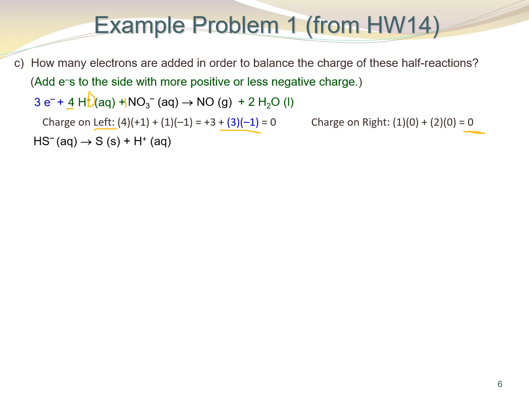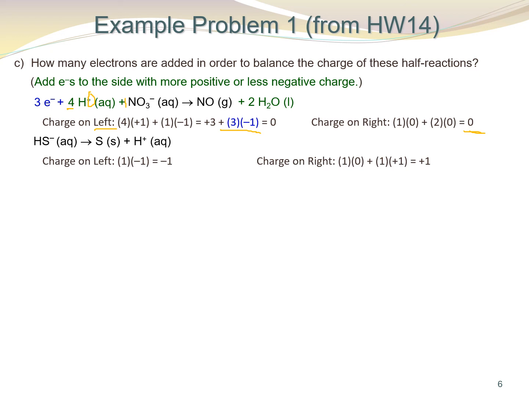Let's look at the second half reaction. From the left, there's only -1 charge. From the right-hand side, there's +1 charge. Remember, we add electron to the more positive side in order to balance the charge.